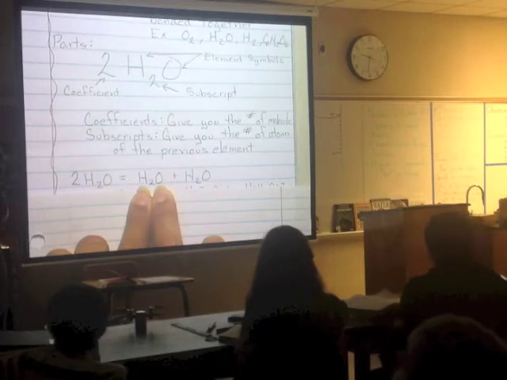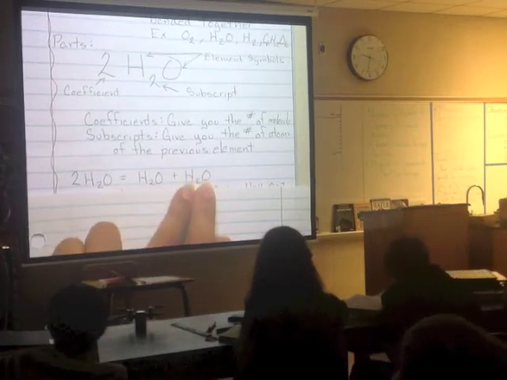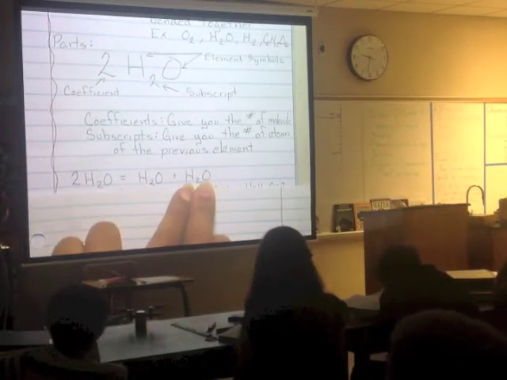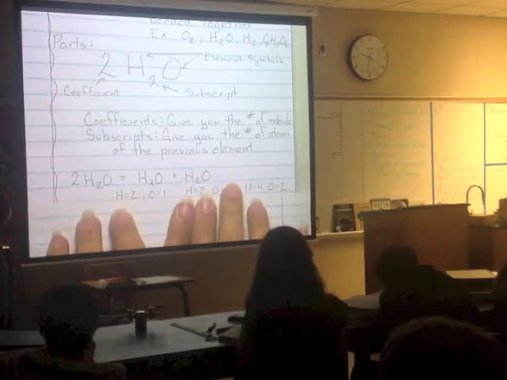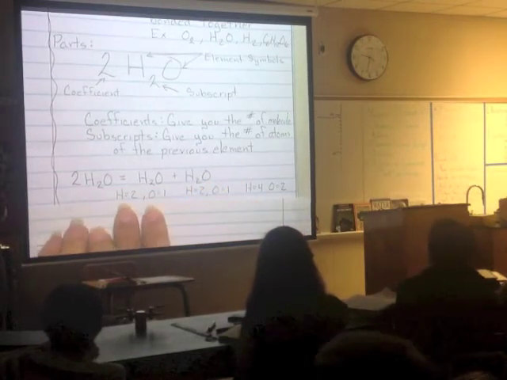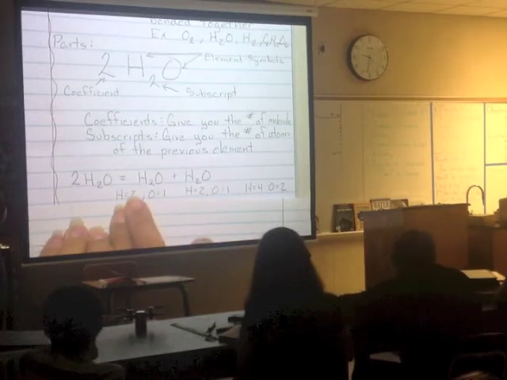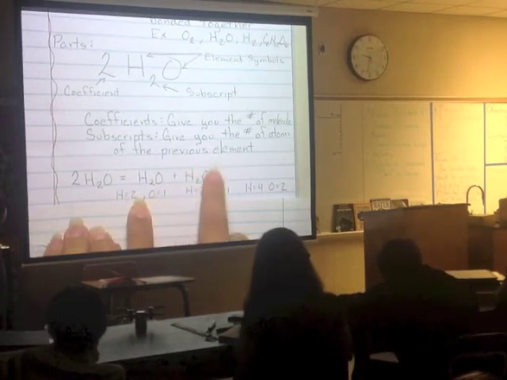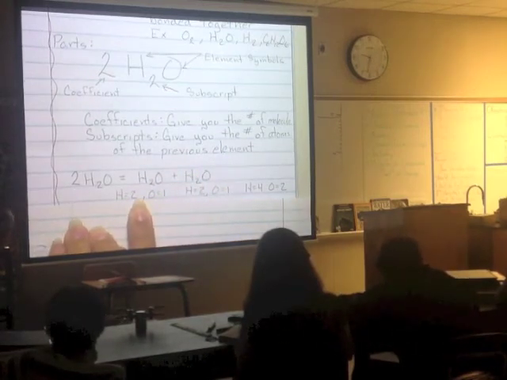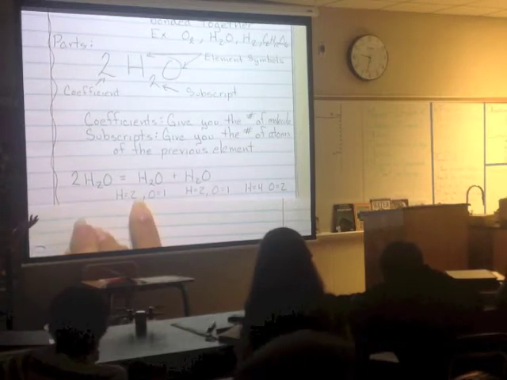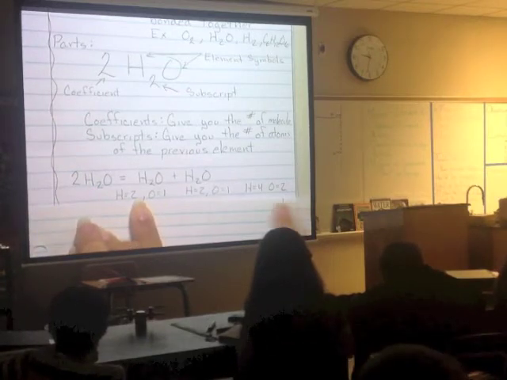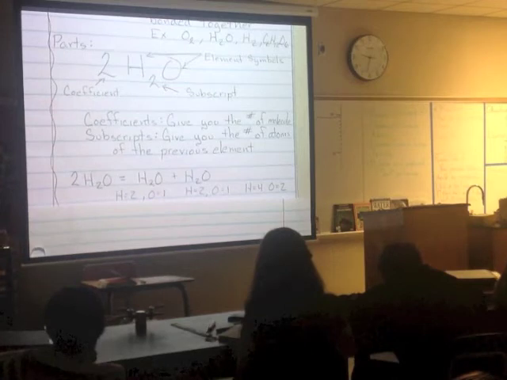And 1 O? And then over here, how many H's? 2. And 1 O? 1. Okay? So basically, I have 2 hydrogens, 1 oxygen, 2 hydrogens, 1 oxygen. If I wanted to know the total in this 2H2O, I just add those numbers, right? So I would end up with 4 hydrogens and 2 oxygens.